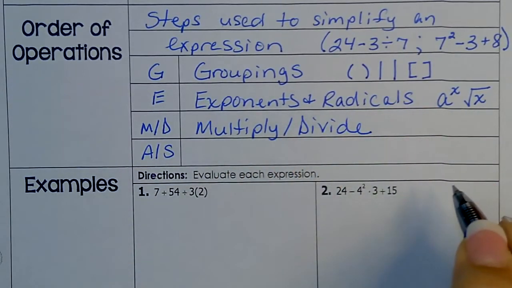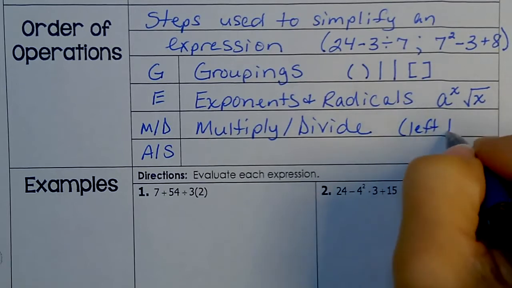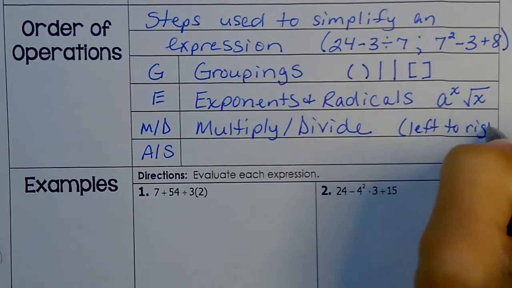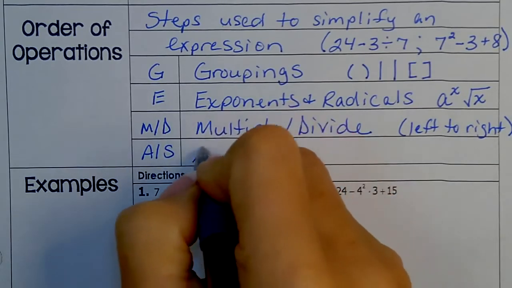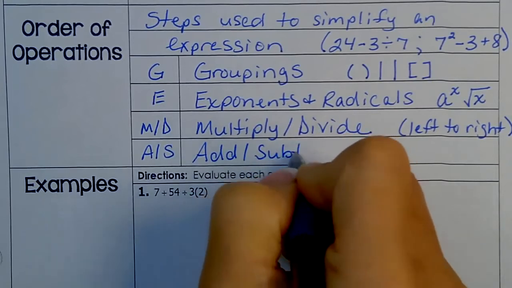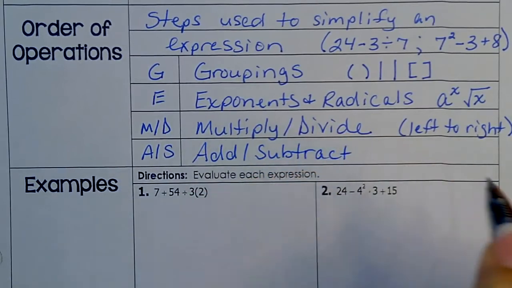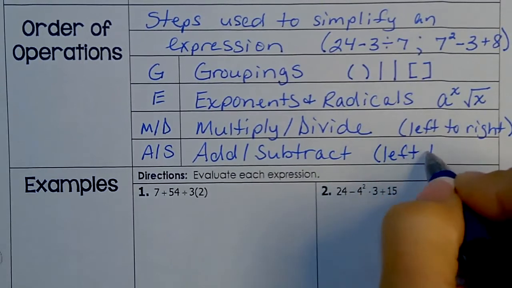And that is always whatever you come to first when you're going left to right. Next, we add and subtract. And again, it's whatever you come to first when you're going left to right.